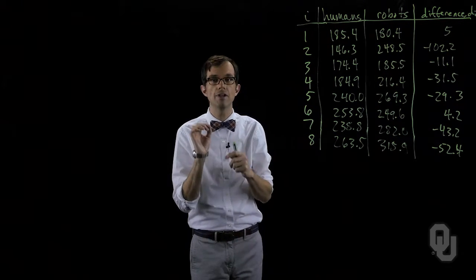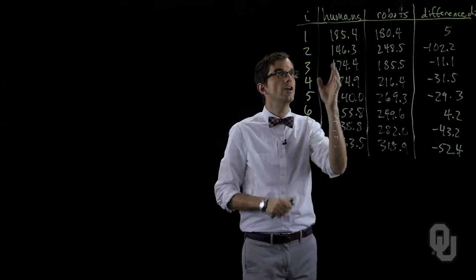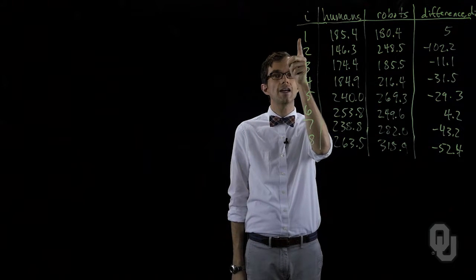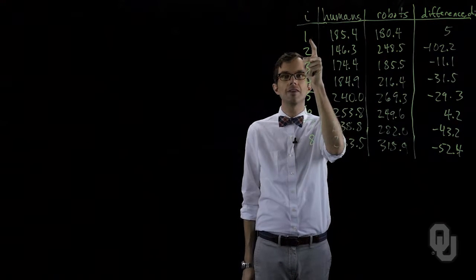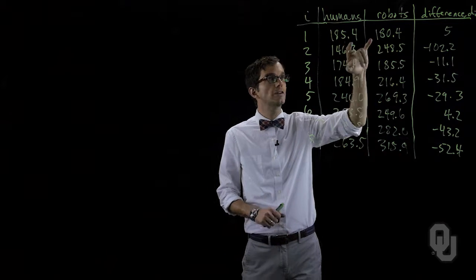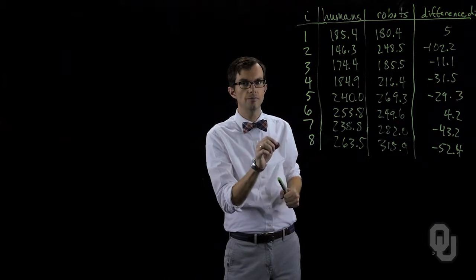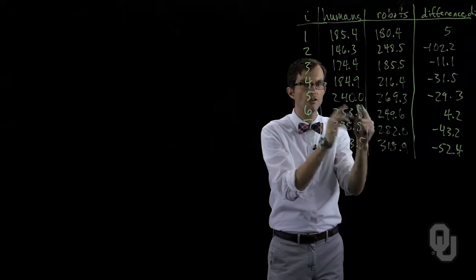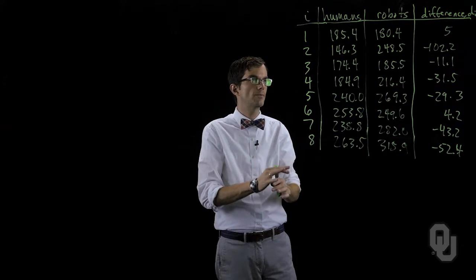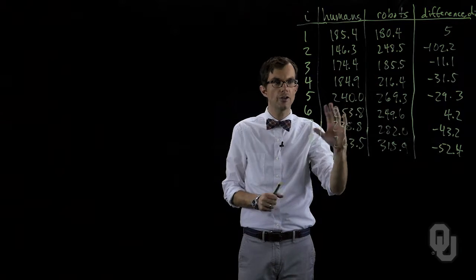And the tasks don't differ. We are measuring the way humans perform this thing and the way robots perform this thing. These two are intrinsically tied to each other because they're looking at the exact same task. So these two populations are dependent on each other. This is not a before and after kind of situation.